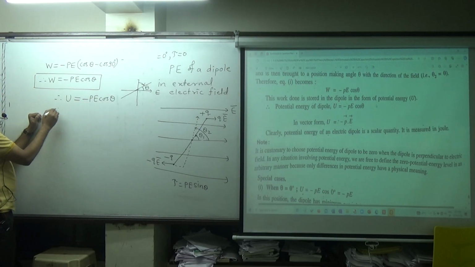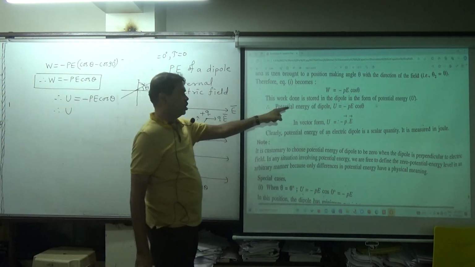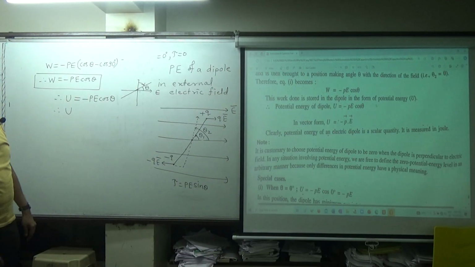Okay? Potential energy of the dipole is given by U is equal to minus P cos theta.